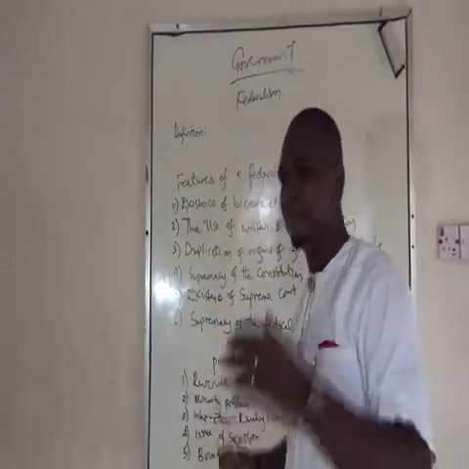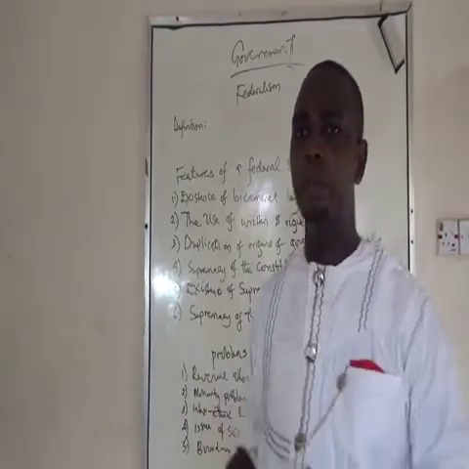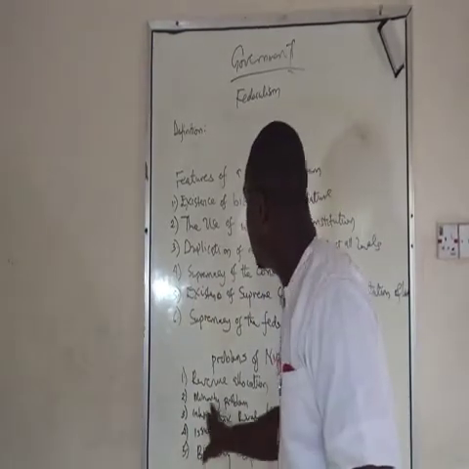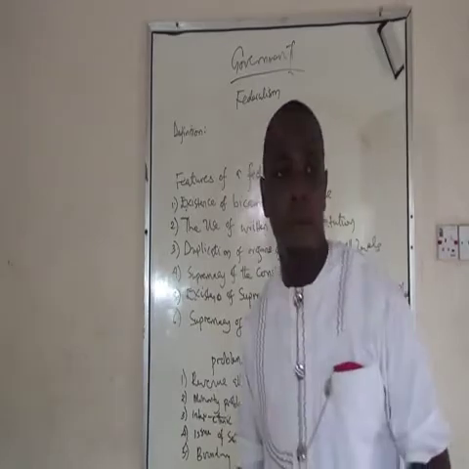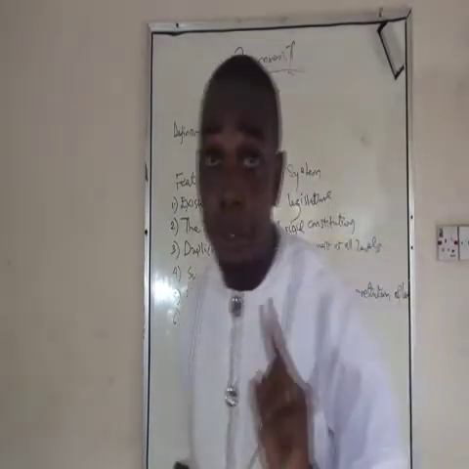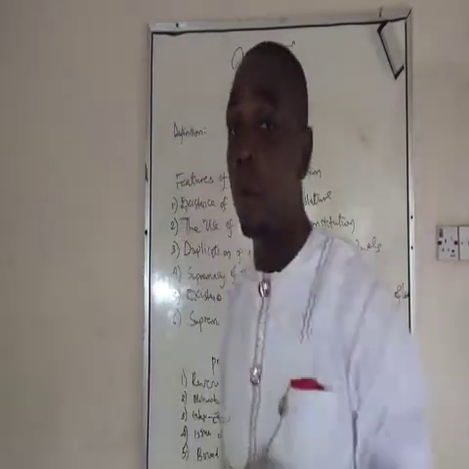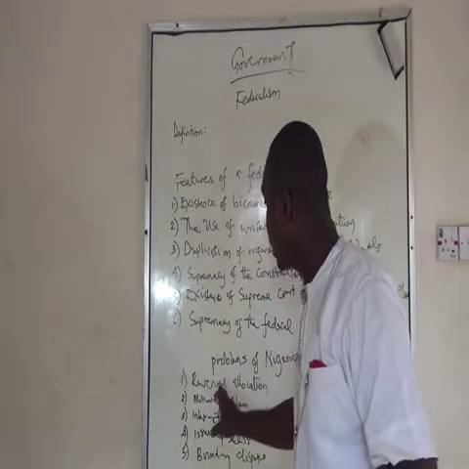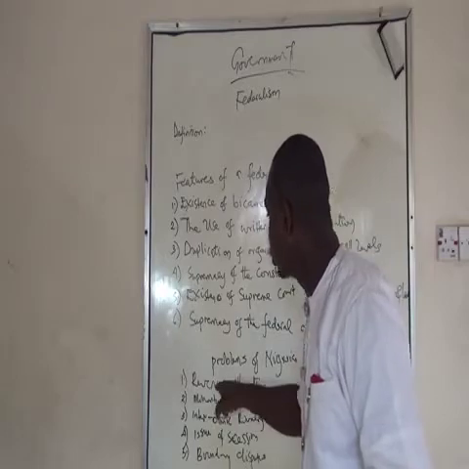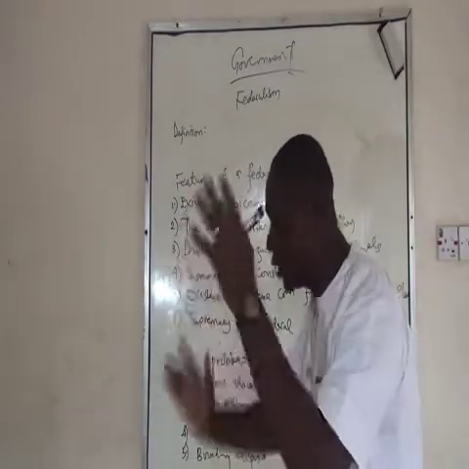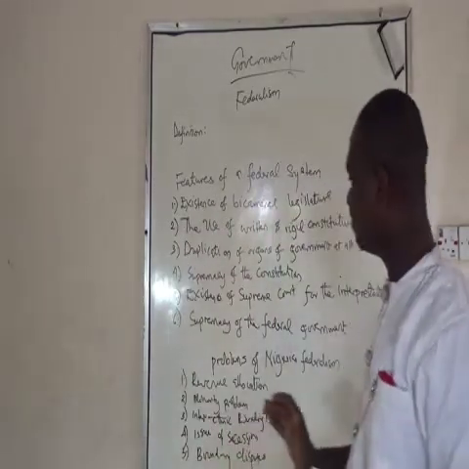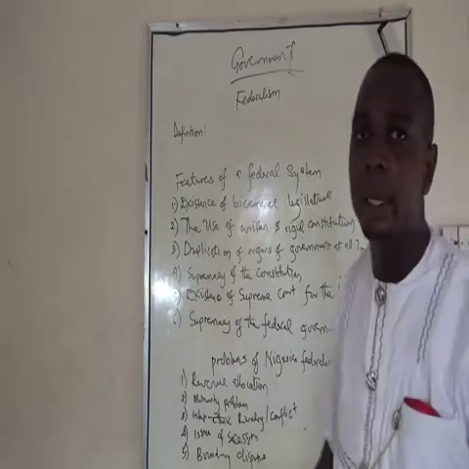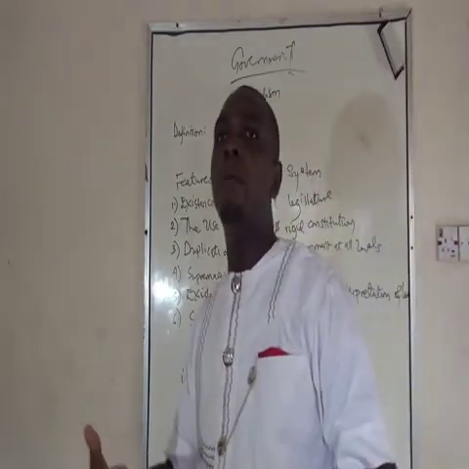So now, there are so many commissions that have been put in place to tackle the problem of revenue allocation, which we are not going to discuss now, but in our subsequent classes, we will look into it. A commission that was put in place to study or to address revenue allocation suggested the principle of derivation.